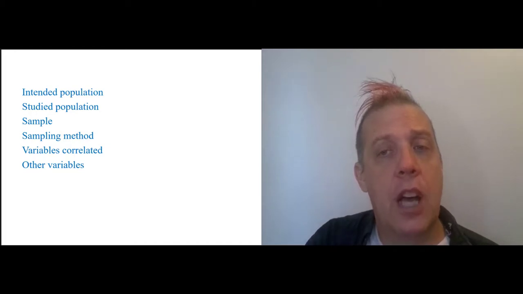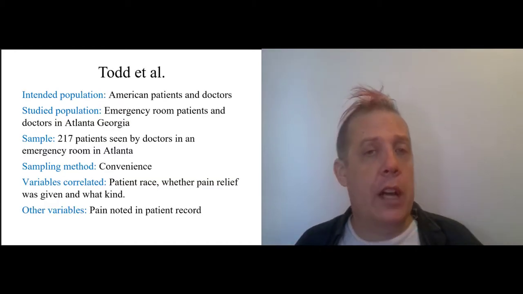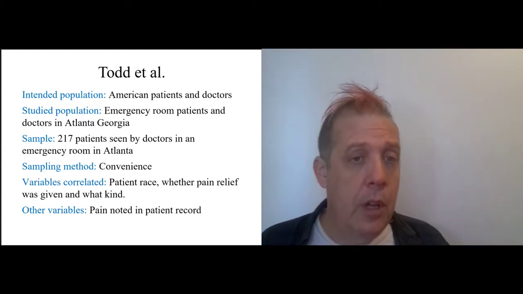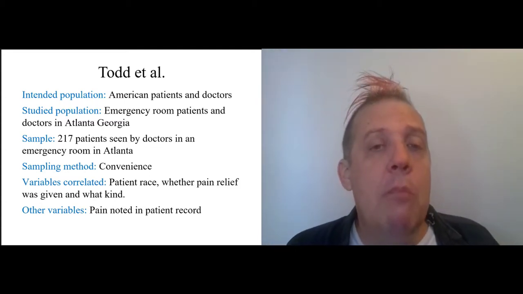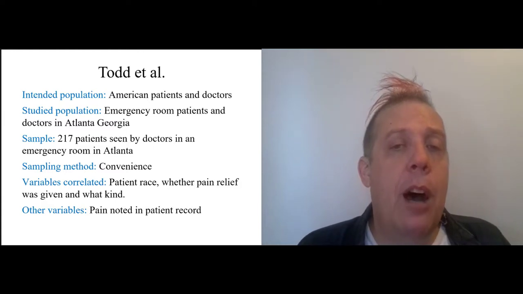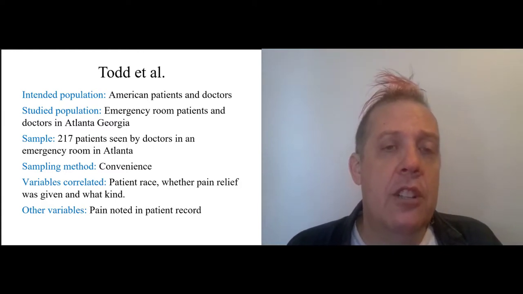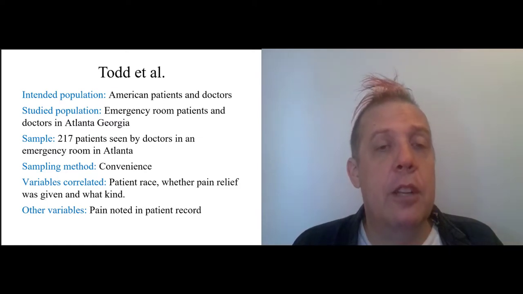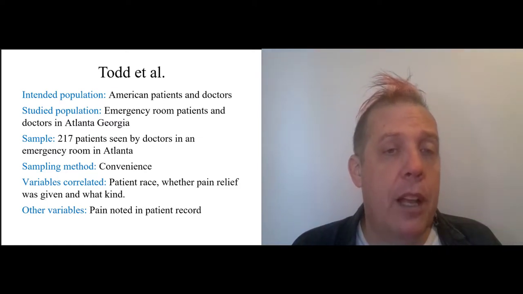So, for instance, Todd et al. was the study of long bone fractures. They wanted to make an inference about American patients and doctors in general. So that's the intended population. And in fact, they'd previously done a study with Hispanics.